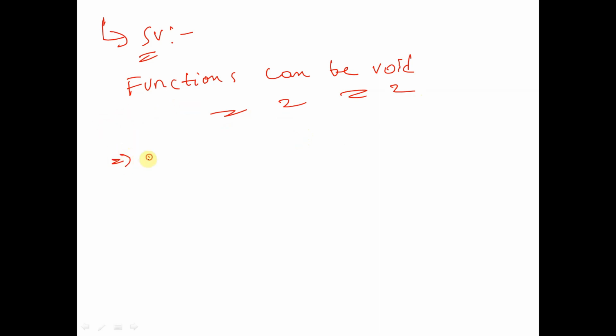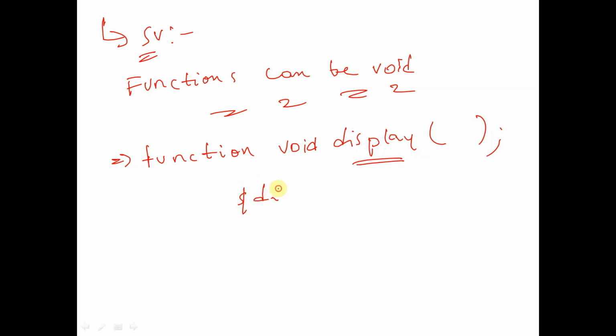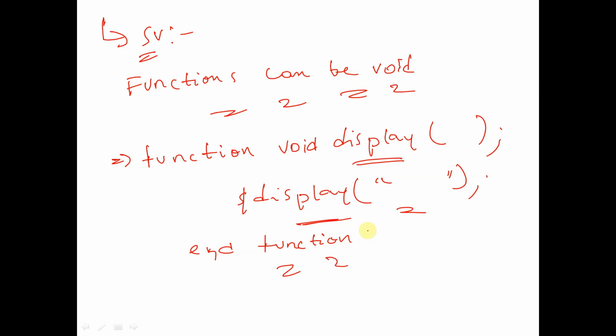For example, function void display, where we use $display to display something, and end function. So we use void functions for displaying something. These functions can be void type in SystemVerilog.